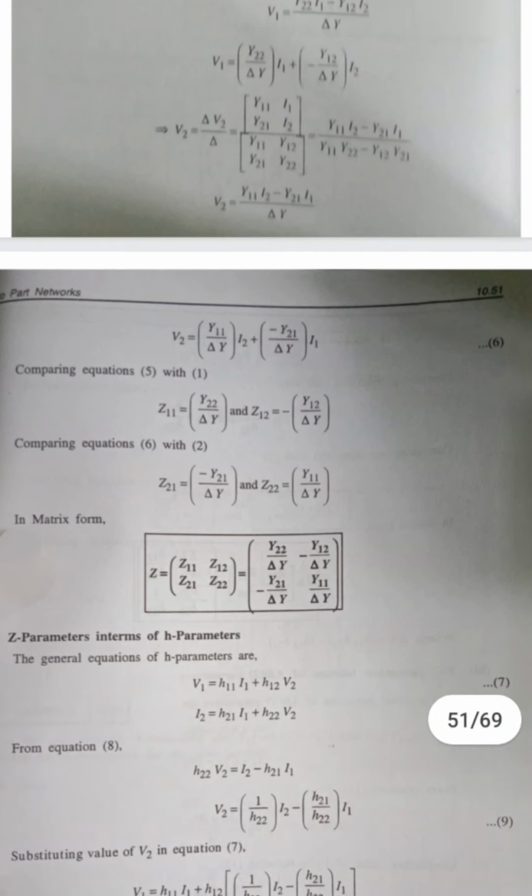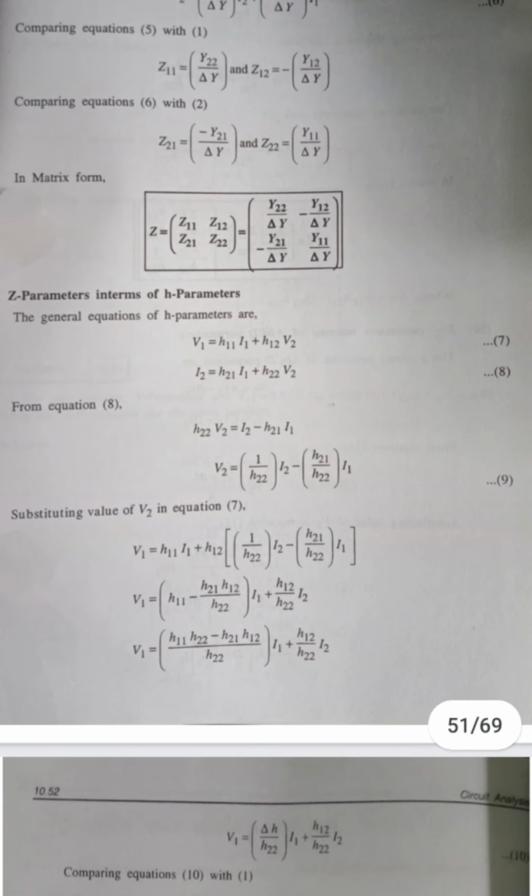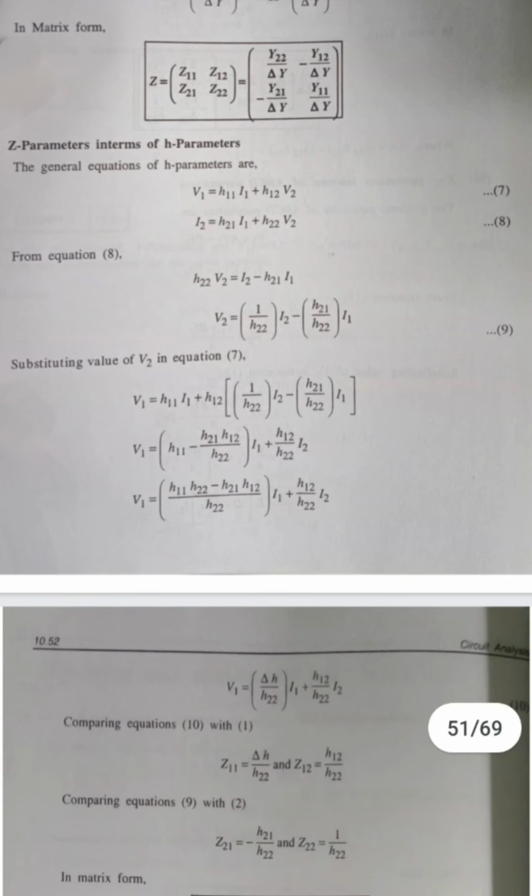Next, z parameter in terms of h parameter. So you want to write the h parameter equation. Here also we first find v1 and v2, because once we have v1 and v2 equations it is easy. So here, this is the h parameter equation.